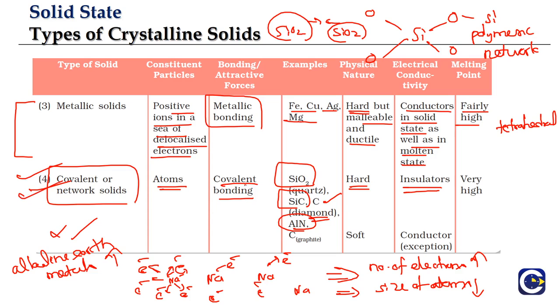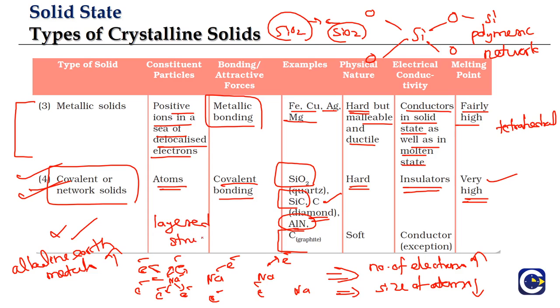The hardest substances are not ionic substances or metallic substances. The hardest substances that we know are basically the covalent or polymeric network solids, and their melting points will be very high. But we have some exceptions, like carbon graphite, because of the layered structure.